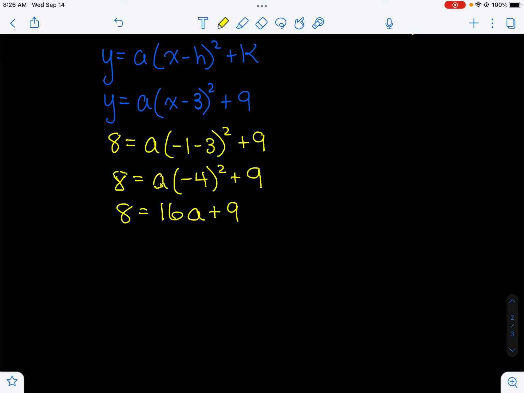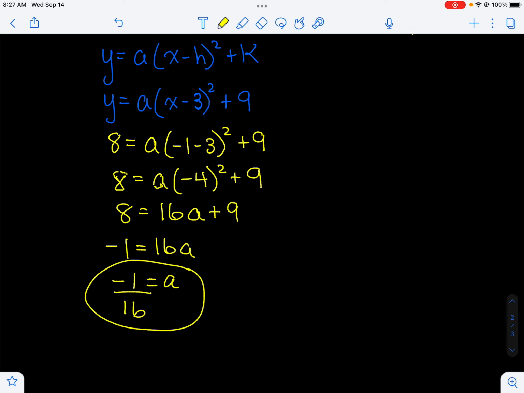I'll pop my 9 to the other side. So it would be 8 minus 9, so negative 1. Divide both sides by 16. I picked some pretty interesting a values. So a would be negative 1 over 16. Then I can pop that back into my equation. So y equals negative 1 over 16, x minus 3 squared plus 9.